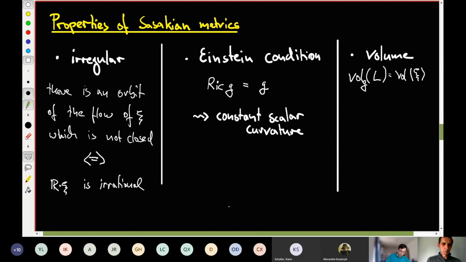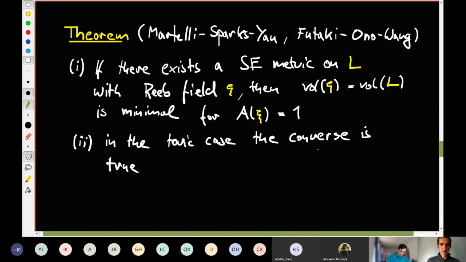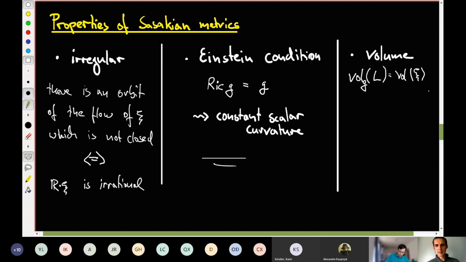Okay, so let me revisit our example. Before coming back to the example, let me talk a little bit about this Einstein condition here. So the first question is, if you made a choice for a vector field psi, does there exist a Sasakian metric which fulfills this Einstein condition for our choice of psi?